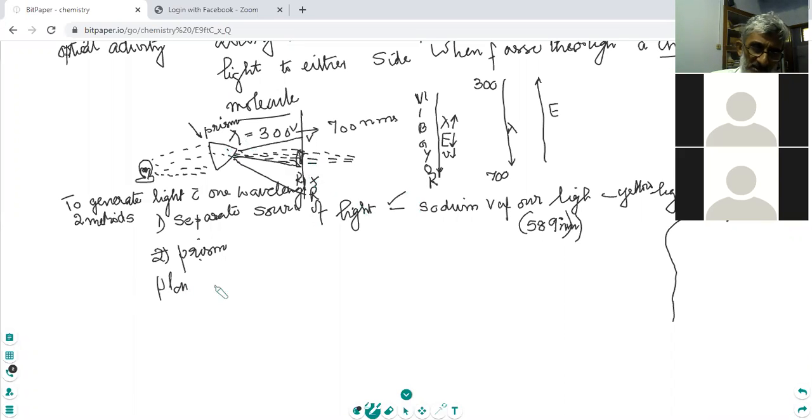Plane polarized light. Now, what is plane polarized light? Monochromatic light means single wavelength.